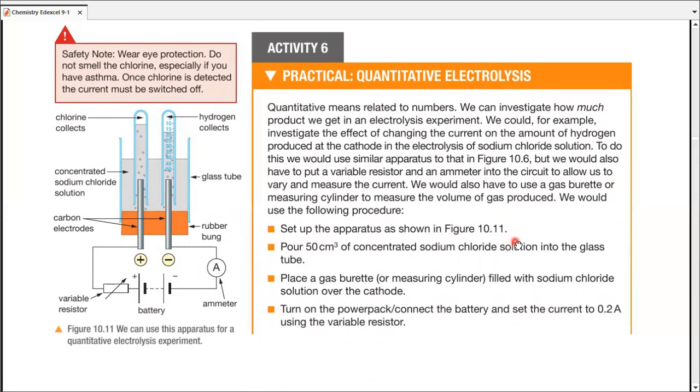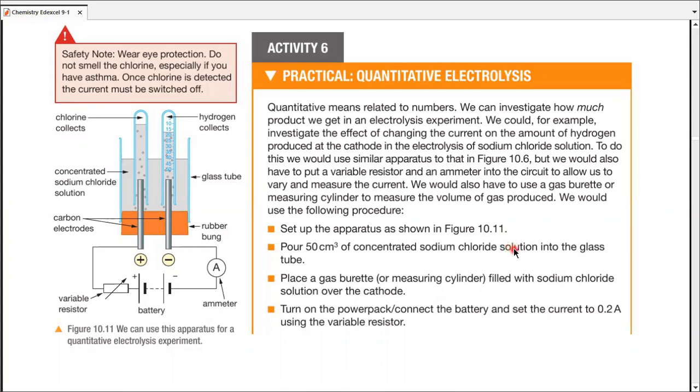I kept saying it was expensive because it was using current. Now notice it's not just that. It's also because the more current we use, the more hydrogen or product we can produce.